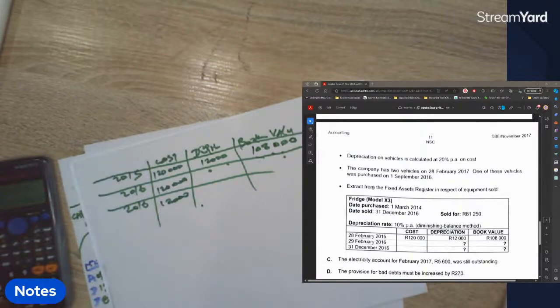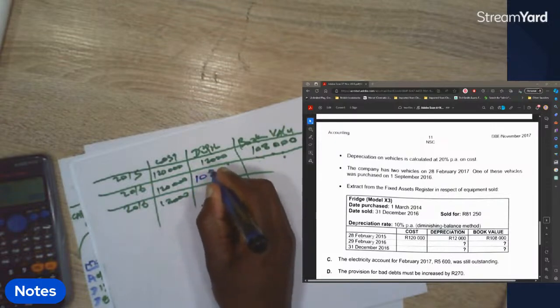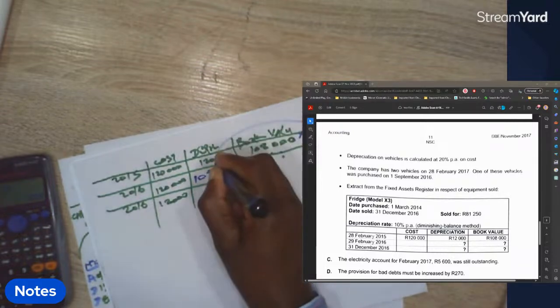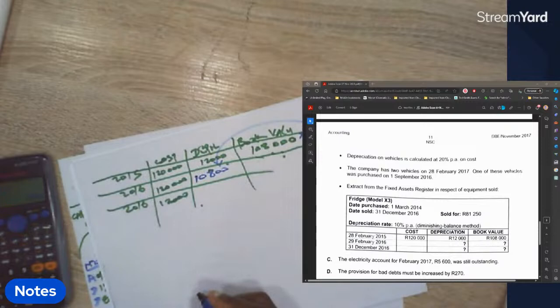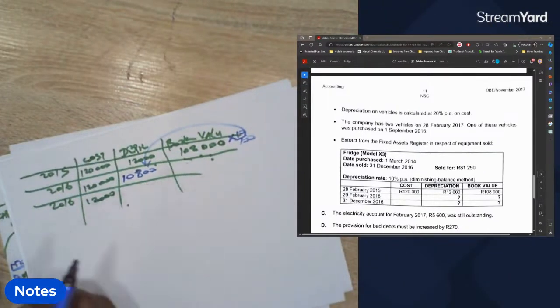Times by 10%. So what do we get? We get 10,800, I mean, 10,800. Then cost price less accumulated depreciation, right?